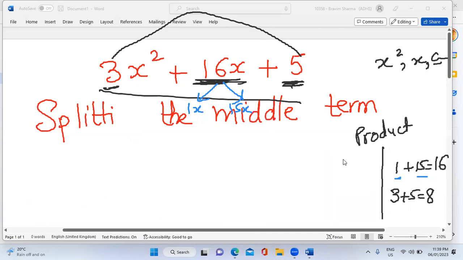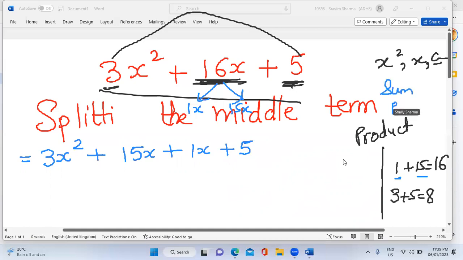So I would write the expression as 3x squared plus 15x plus 1x plus 5. So the first thing is I found the sum and the product. To find the product, you need to multiply the x squared coefficient with the constant term. Then we find the correct combination and split the middle term. Now, we have a total of 4 terms.